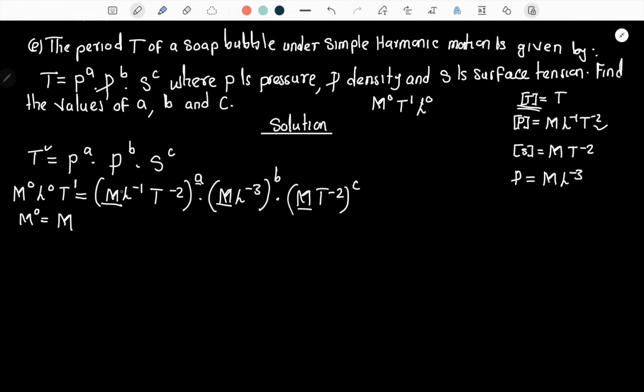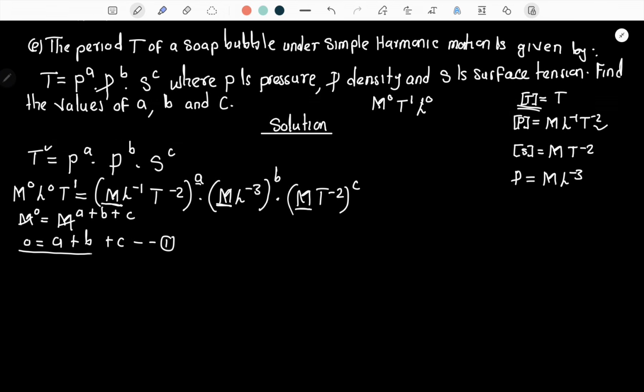So this A is affecting this M here, so it's going to be M to the power A plus B, because this M has B as a power, plus C, because this M also has C as a power. Then you cancel out the bases. You're going to have an equation: 0 is equal to A plus B plus C. This becomes your equation 1. We go to the second one. Let's use L.